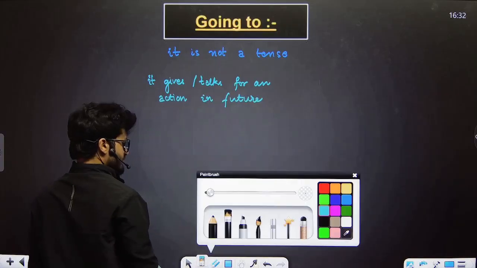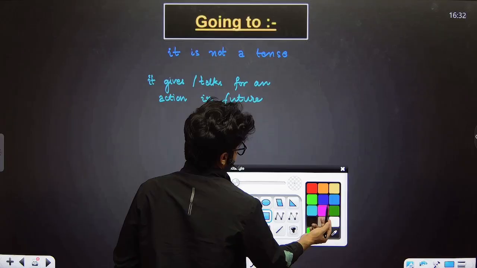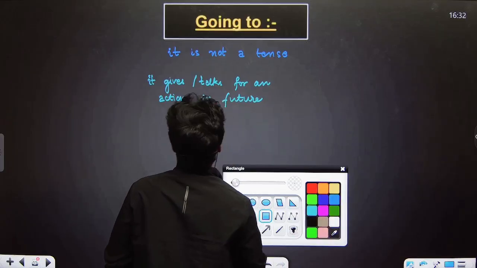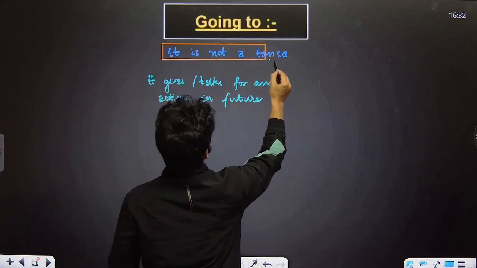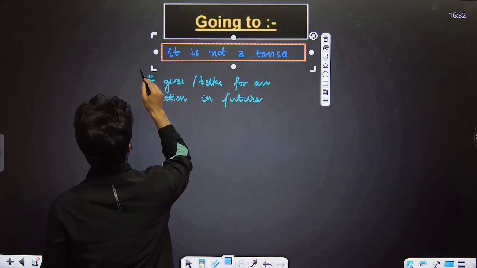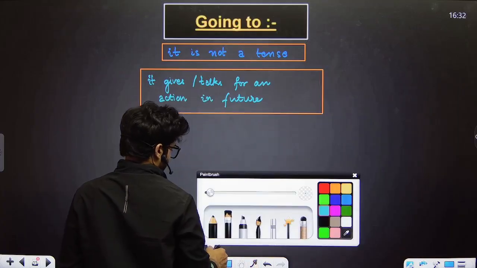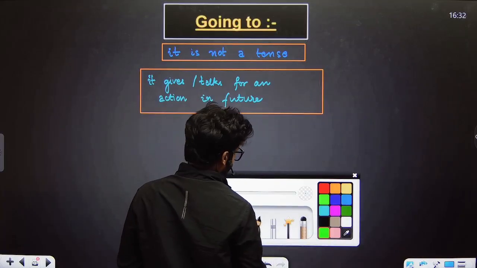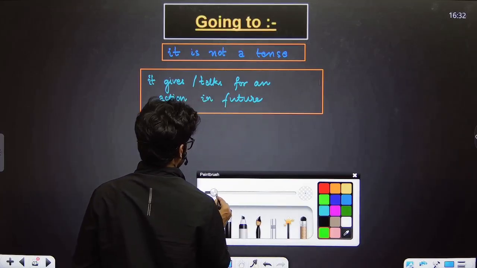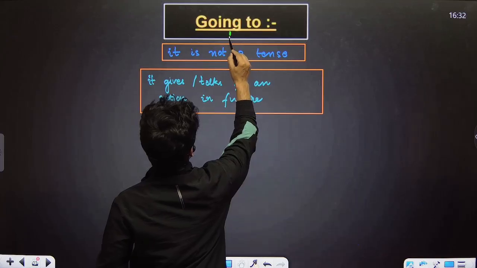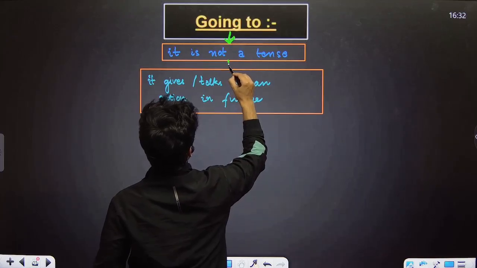It specifically talks about a certain action that will take place in the coming future. So it is not a tense. Remember, it is just a phrase which gives us an idea about something that will happen in future. Got it?